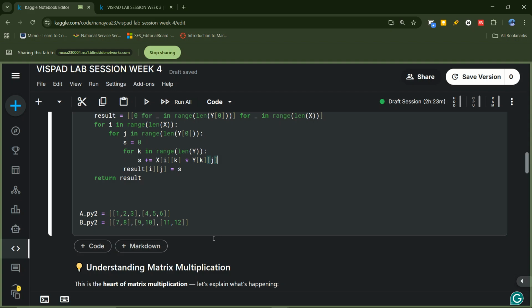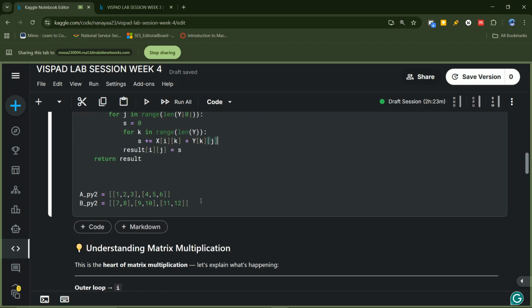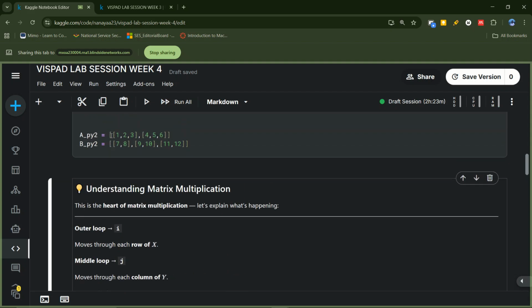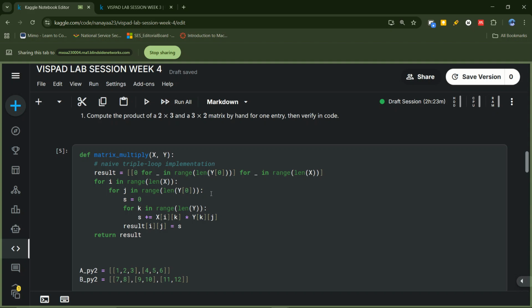The middle loop j moves through each column of Y, just like what is here.